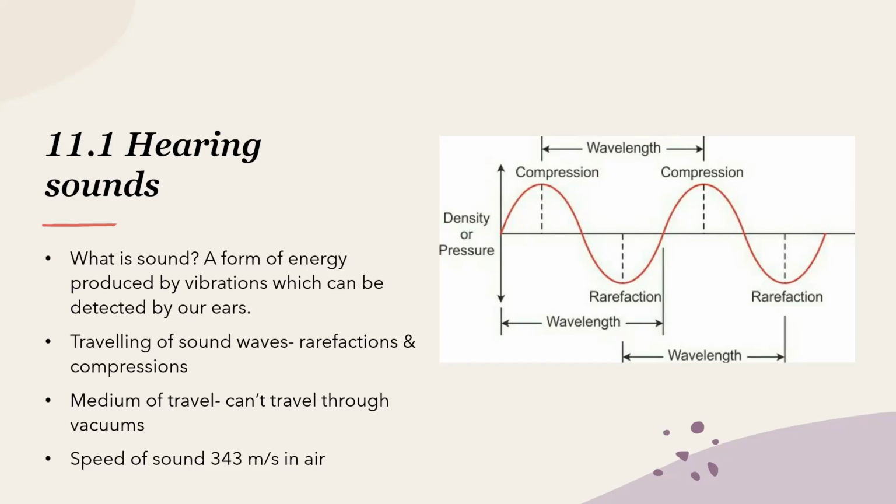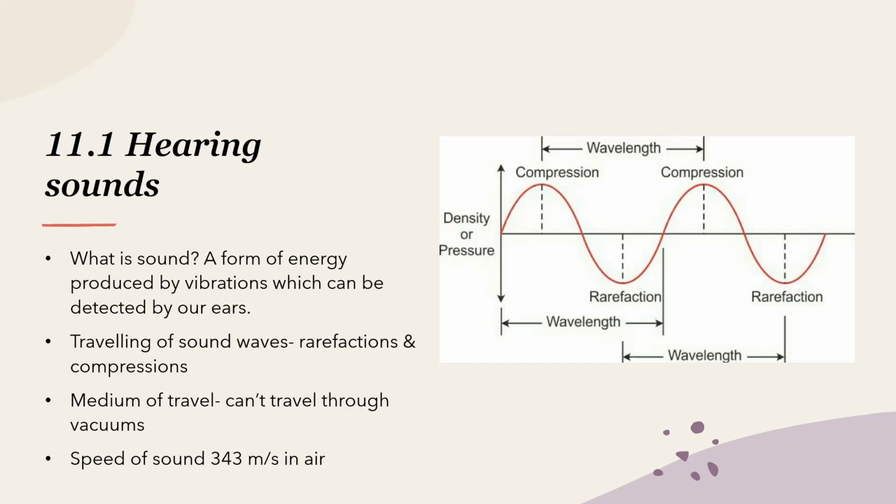Whenever we have vibrations of objects such as a tuning fork, when we vibrate a fork, it produces vibrations, and those vibrations travel through the medium, that is air in this case, and that sound is heard by us human beings.